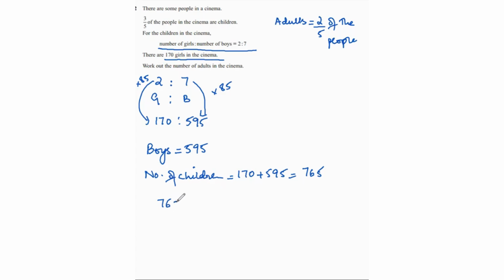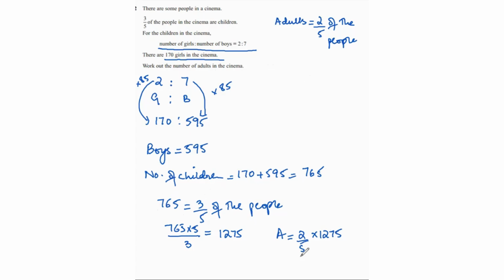So 765 is basically 3/5 of the people, which means to find the total people, we do 765 times 5 divided by 3, which is 1275. So to find the number of adults, we will find 2/5 of this value, which is going to be 510. So this is the number of adults in the cinema.